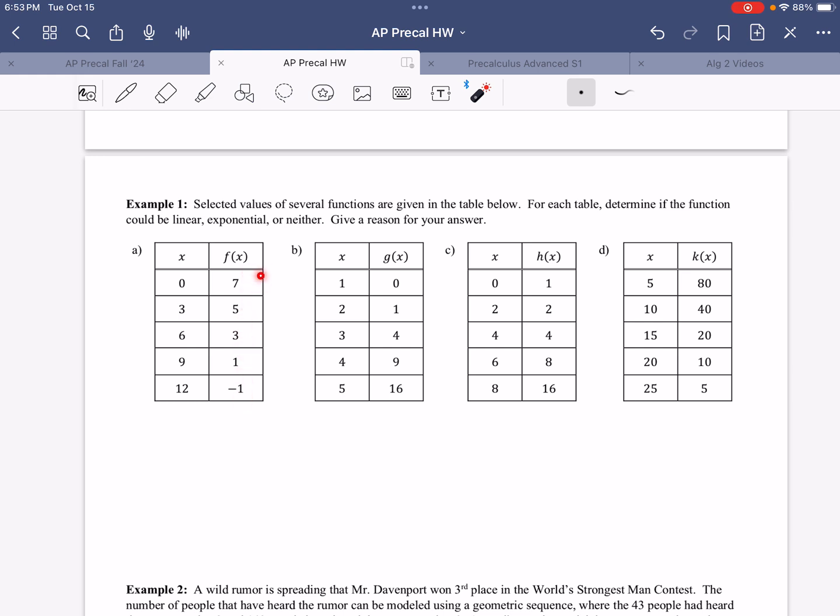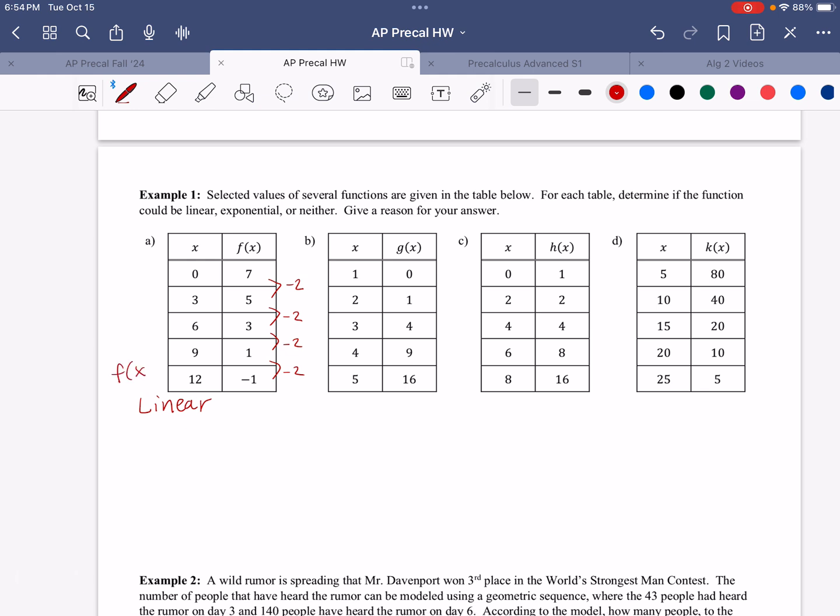Then I can look at the y's, and it's always easiest to check for addition or subtraction first. I can see they are decreasing, by 2 each time. So for that reason, it looks like we have a linear function.